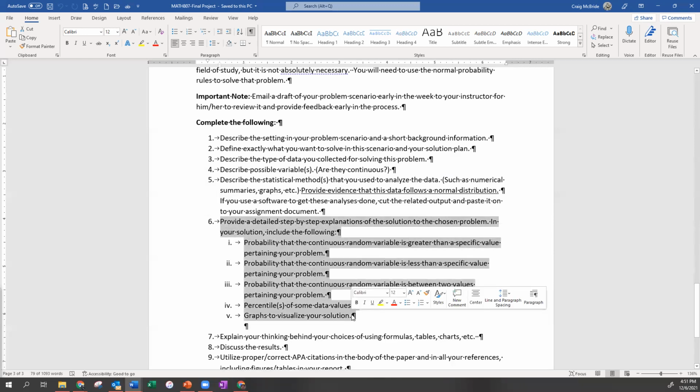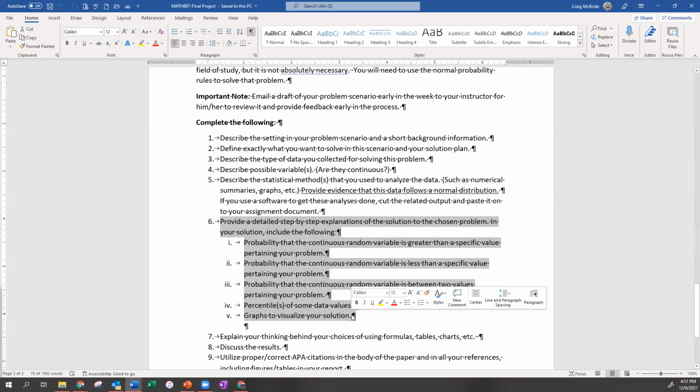You create your own scenario, basically recreate a homework question with your own mean and standard deviation, and then say, this is how I would calculate the probability of picking a random thing and it being greater than 275. This is how I would calculate the probability of it being less than 150.